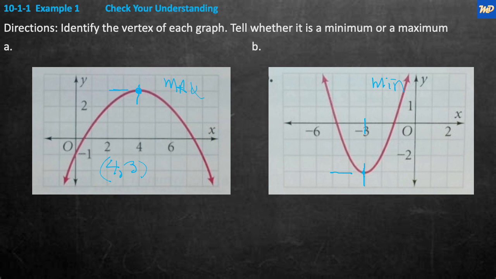The vertex is -3 on X, and it's -3 on Y. It's right here, -3, -3. And it is a minimum on B. And like this, I think we answered it all: minimums, maximums, the points where the vertex lives.